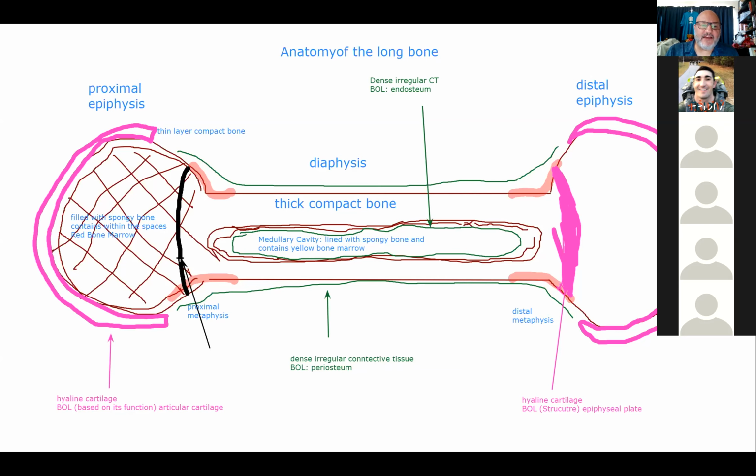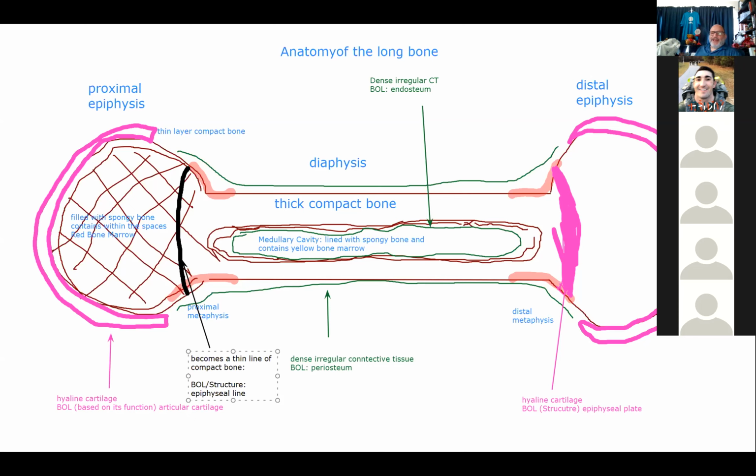And when it ossifies, it basically becomes a thin line of compact bone. And let's change that to black. It becomes a thin line of compact bone. And when it becomes a thin line of compact bone, what do we call it now? What is it based on its location, or what is that structure, now that it is a thin line of compact bone? Epiphyseal line, excellent.